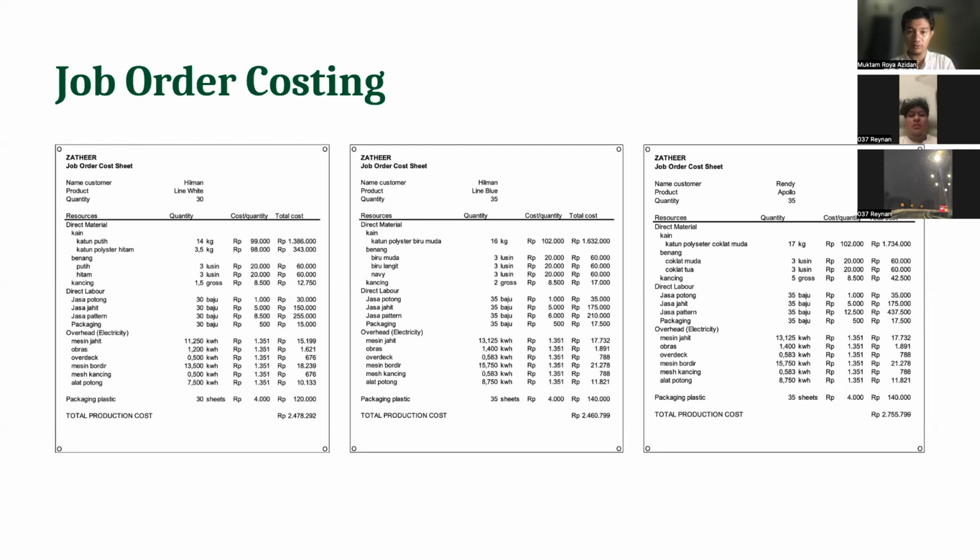We suggest the company consider a pricing range that is bargainable from 2.5 until 3 million, but the Apollo, whose cost is closer to 3 million, needs a higher price than both line white and line blue. So Apollo is the highest.